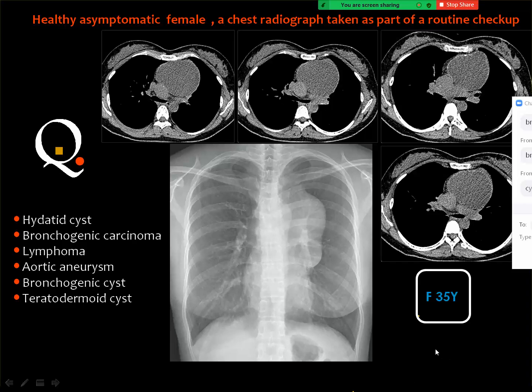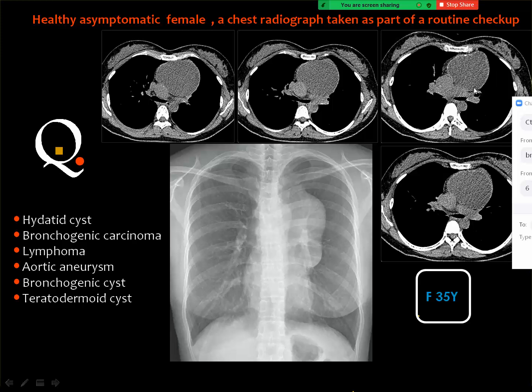And this is the CT scan. Bronchogenic cyst. Yes. Teratodermoid cyst, and this is the right answer.